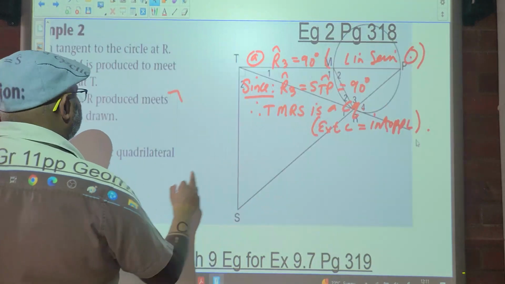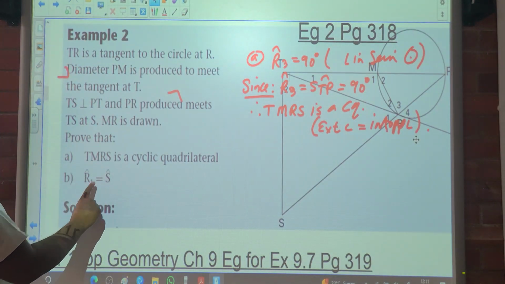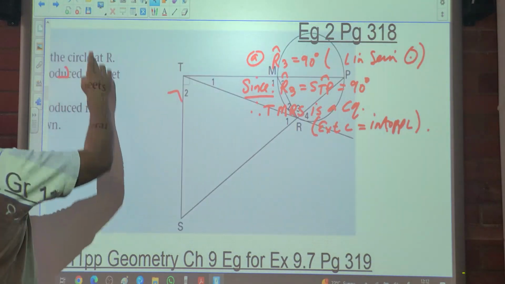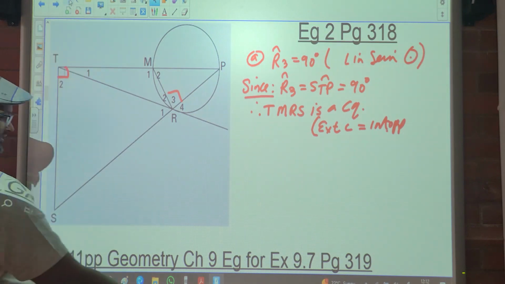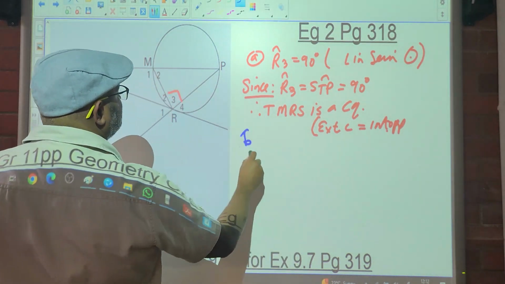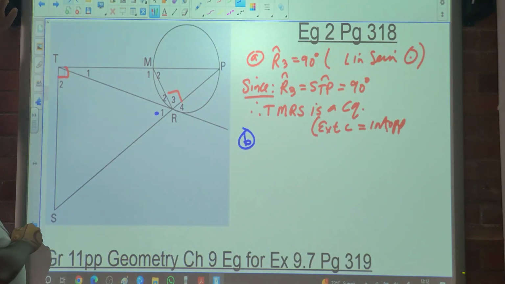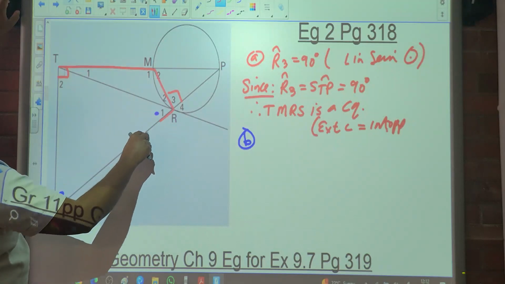Then the next question says, prove that R1 is equal to S. R1, who is R1? Here's R1 is equal to S. Okay. Remember people, this is a cyclic quad. Okay, don't forget that.